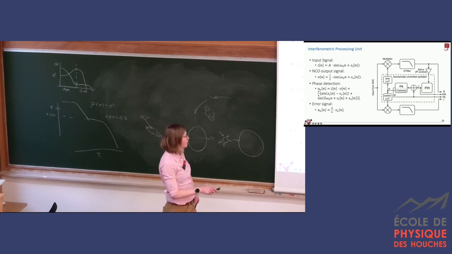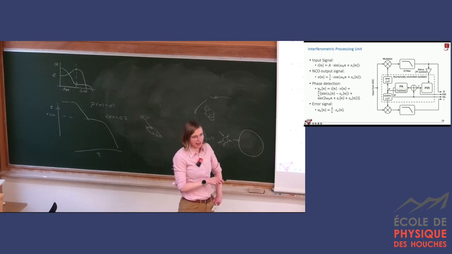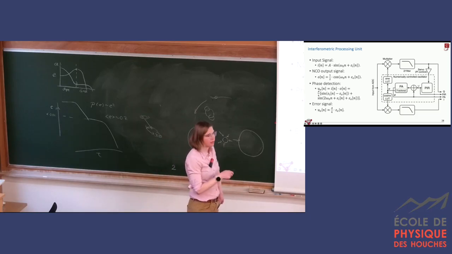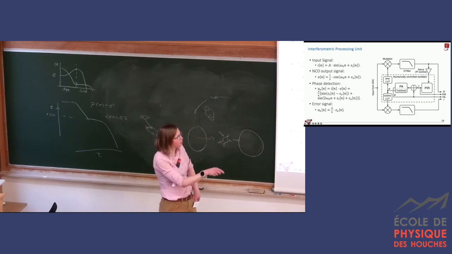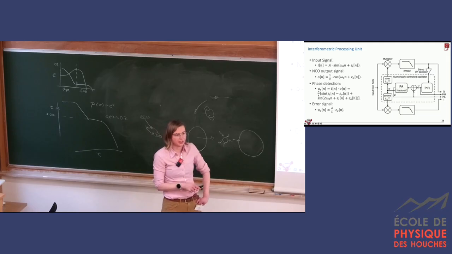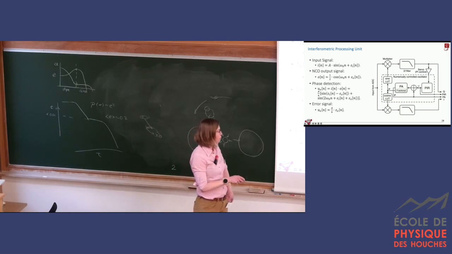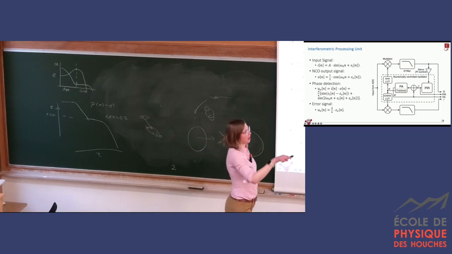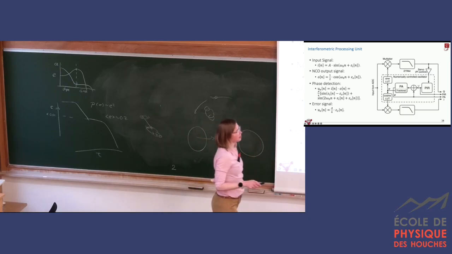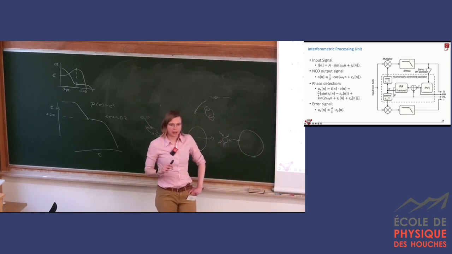And then we have a component at 2f. We want to get rid of that one because it's not of use, and therefore we have this filter sitting here, which ensures that we cancel out this term. We are left with the error signal that is proportional to this phase difference. Now we feed this signal to our servo, and our servo ensures that this Q value is always at 0.